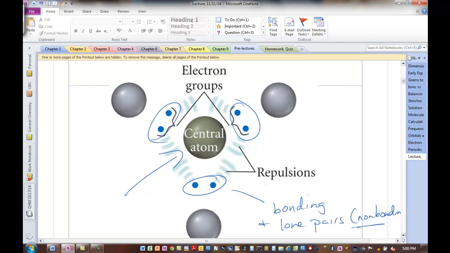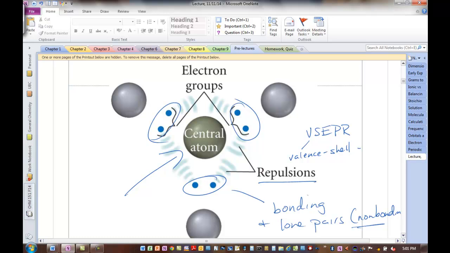So the main premise of this theory is called VSEPR. And it stands for valence shell electron pair repulsion. We know in the Lewis model we only count valence electrons, so we just focus on the outer electrons, the valence electrons. The core electrons are not involved in bonding.